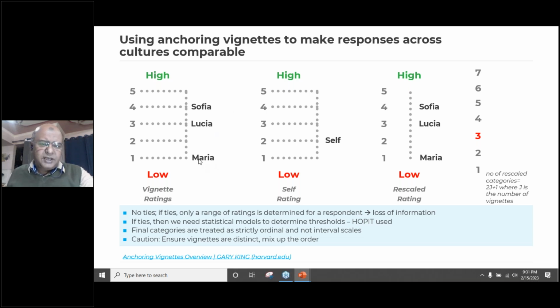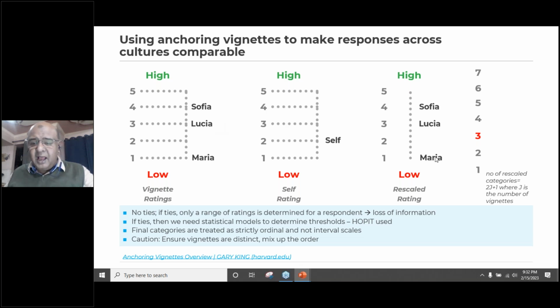Now here, the respondent has given Maria ratings of 1, 3, and 4 in terms of difficulty in mobility, and she gives herself a rating of 2, right? And now what we would do is combine these two ratings into an ordinal rating, an ordinal comparison. Market research scales are often used as scales by market researchers, reporting means and standard deviations over them. So here, for this respondent, she gives herself a rating of 2, she gives Maria a rating of 1, and Lucia a rating of 3.